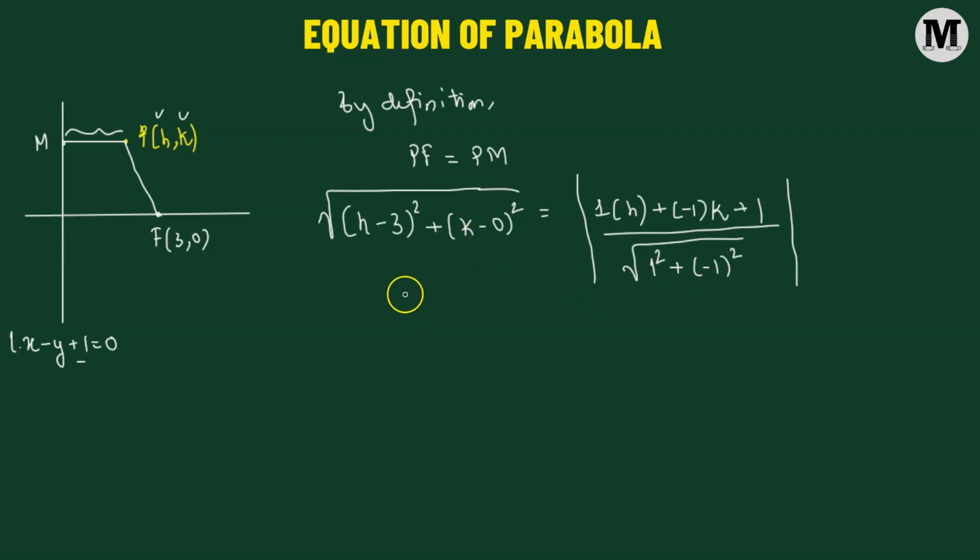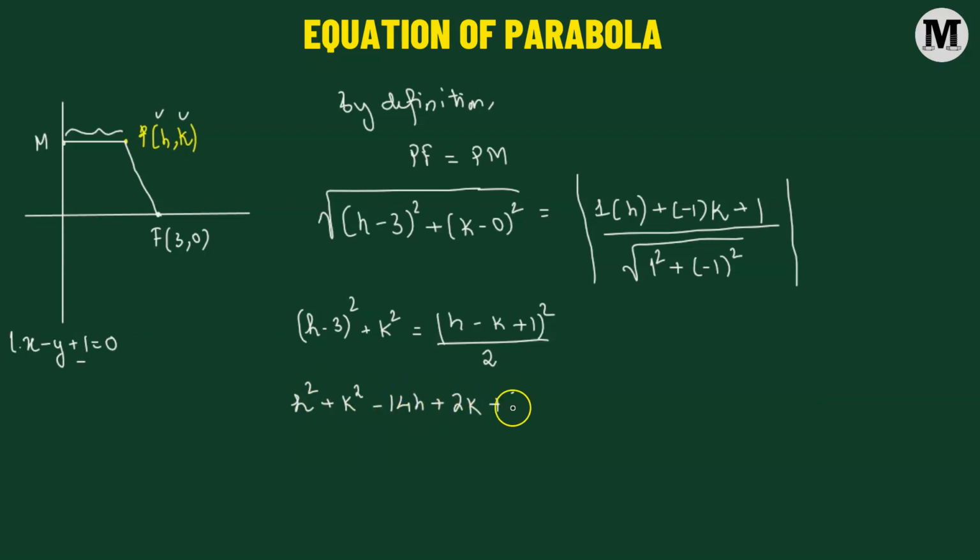Now our goal will be to simplify this. We'll take the square on both sides. So we get h minus 3 whole squared plus k squared will be equal to h minus k plus 1 whole squared, divided by square root of 2 squared. So that's simply going to give us 2. When we simplify this, we're going to get h squared plus k squared minus 14h plus 2k plus 2hk plus 17 equals 0.